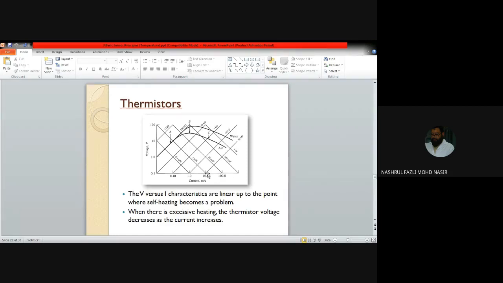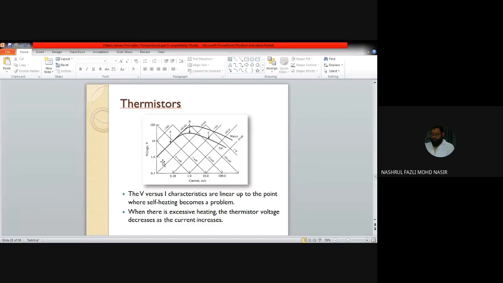When there's excessive heating, you can see that the thermistor voltage starts to go down, but the current, you can see from the x-axis, increases.